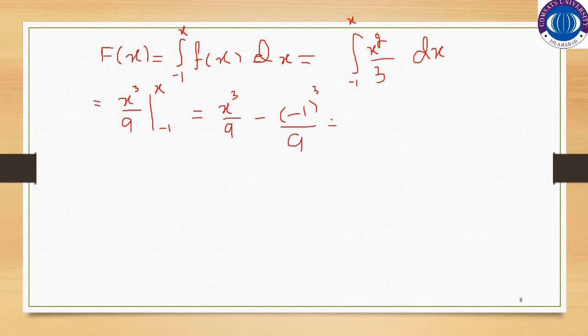So it is equal to x raised to power 3 over 9 plus, because its power is 3, minus becomes plus 1 by 9. We can write it as x raised to power 3 plus 1, over 9. So this is basically the cumulative probability distribution function.